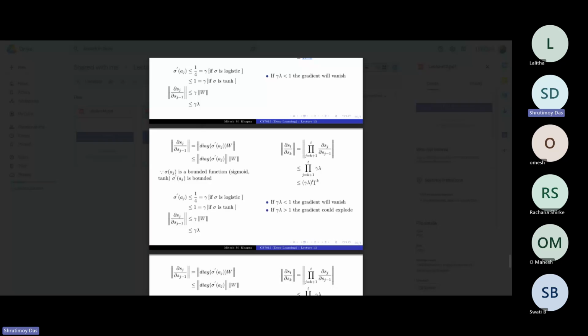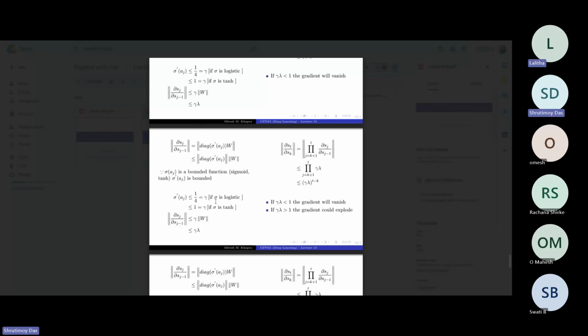Say if your t is large, you are looking at a large document, and say this is 100. As it increases, this gradient will increase. The gradient will explode.